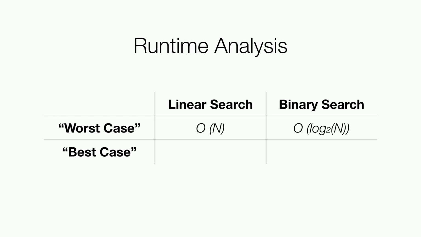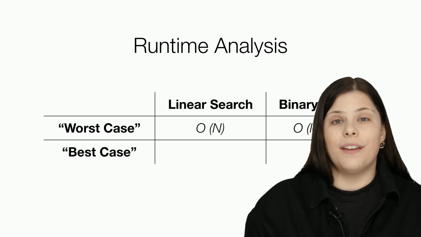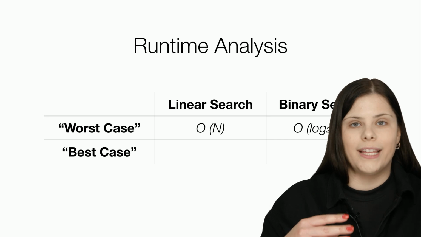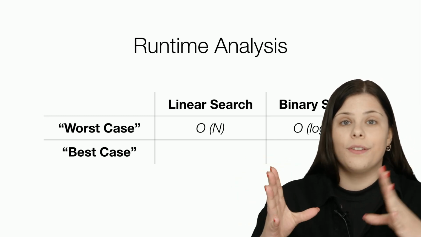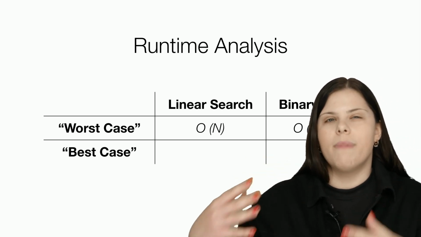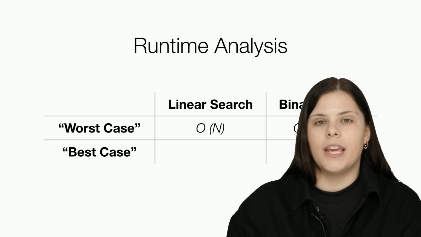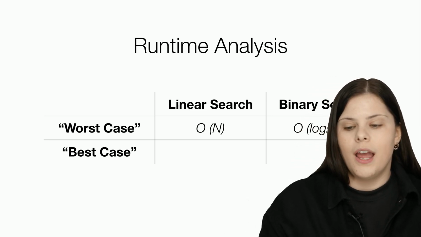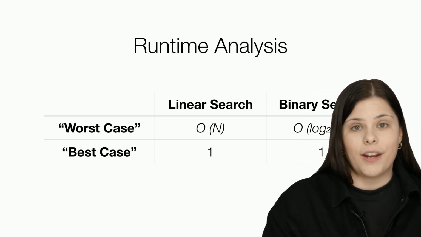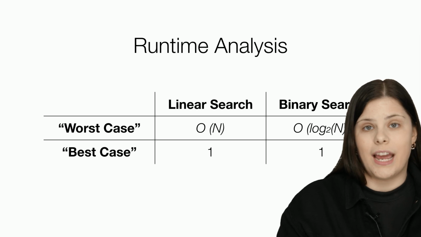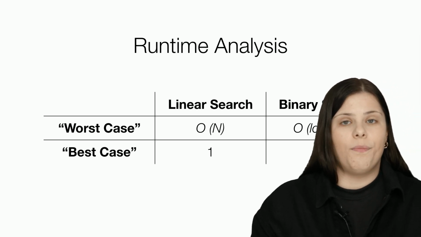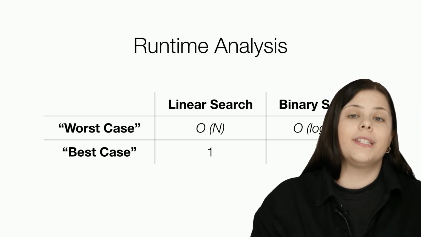Let's now consider the best case scenario. What could have happened if our book was the very first one? For example, if I was looking for Odyssey that was at the very beginning, how many steps would it have taken me? In linear search and in binary search, it would just be 1 step. So in linear search, if my book was the first one, it would just take me one step to find it.